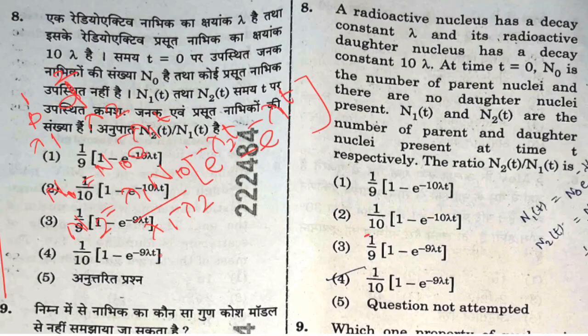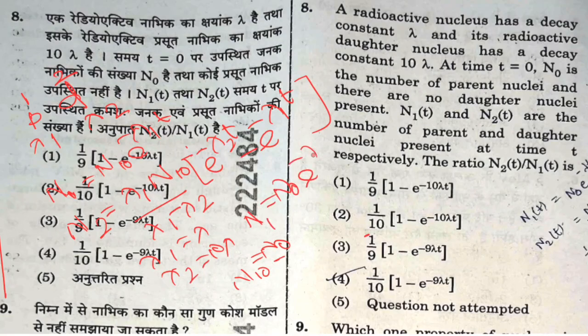By putting the given values here, lambda 1 is lambda, lambda 2 is 10 lambda, N1 0 is N0. So you should replace N0 with the expression N1 equals N0 exponential minus lambda t. Putting all this, we find that the ratio of N2 by N1 will be 1 by 9 times 1 minus exponential minus 9 lambda t. So your correct option is option C.